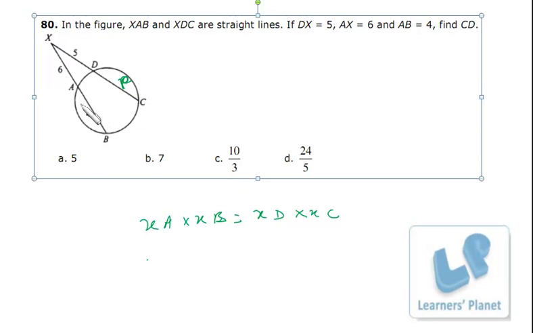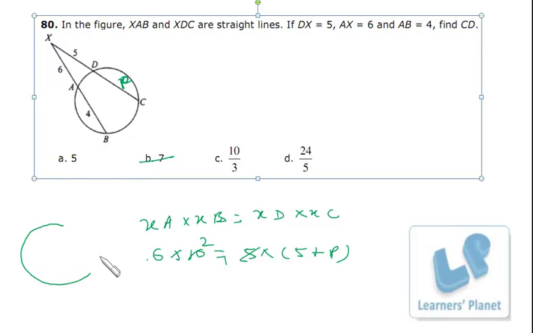So 6 into 10 is equal to 5 into (5 plus p). Okay, so 5 plus p is 12, that means p is equal to 7, that means CD is equal to 7. So if you know this concept, that if the chords are extended and they meet at any point outside the circle, then the product of the segments will be equal, right?